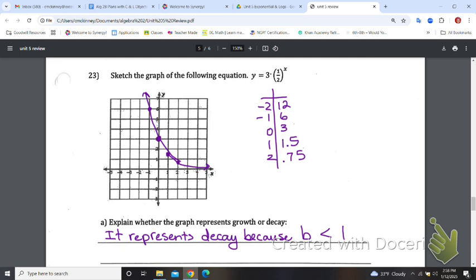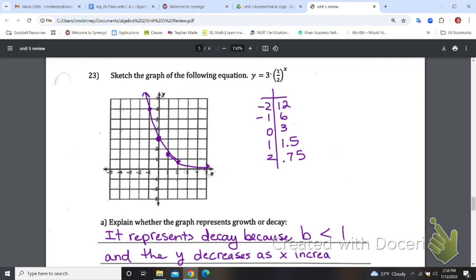The 1/2 is the base, and that's less than 1. And I'll say the y decreases as x increases. So I can see that it's getting smaller.